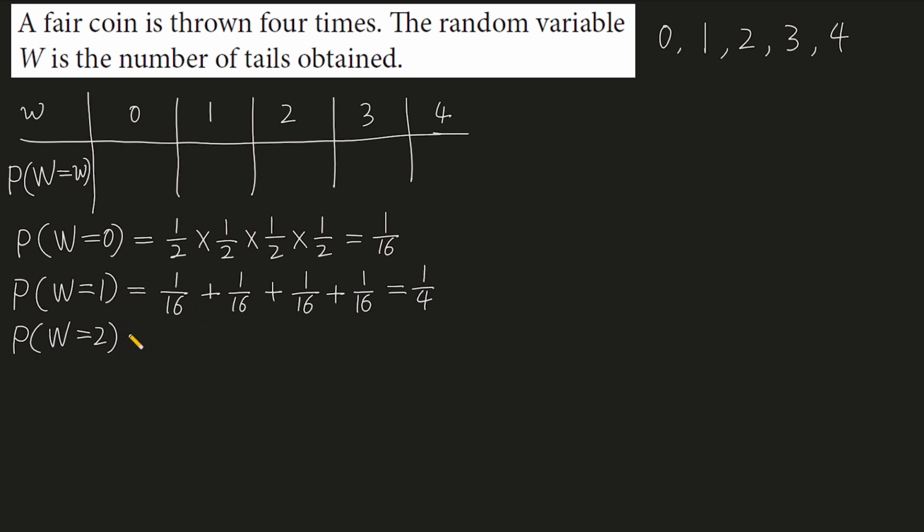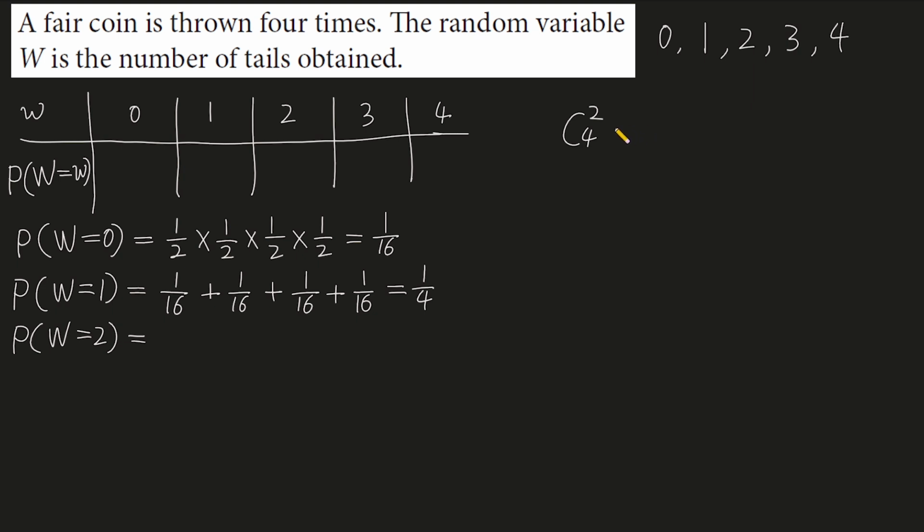We can use the method we used to calculate the probability that the random variable equals 1. We can choose two terms from the four terms. There are C(4,2) ways to choose two terms from the four terms.